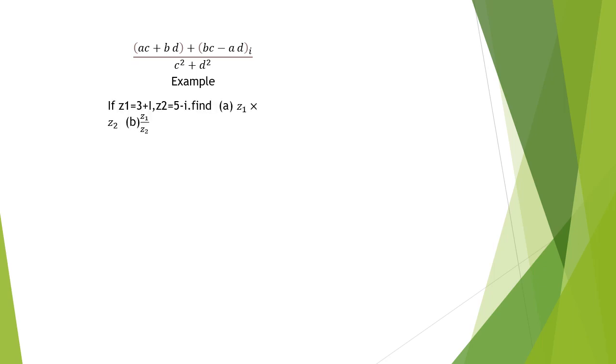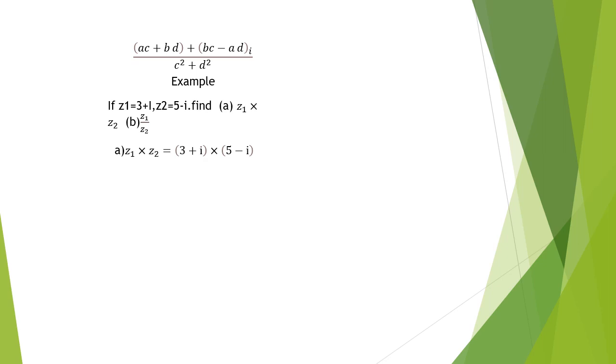Our example: if z1 is equal to 3 plus i and z2 is equal to 5 minus i, find A, z1 multiplied by z2, then B, z1 over z2. Now z1 multiplied by z2. The first thing is putting them in brackets, which is (3 plus i) in brackets multiplied by (5 minus i).